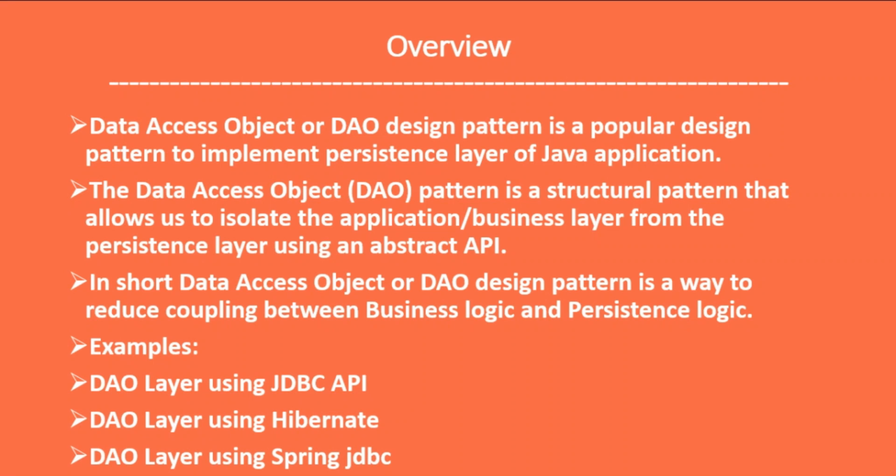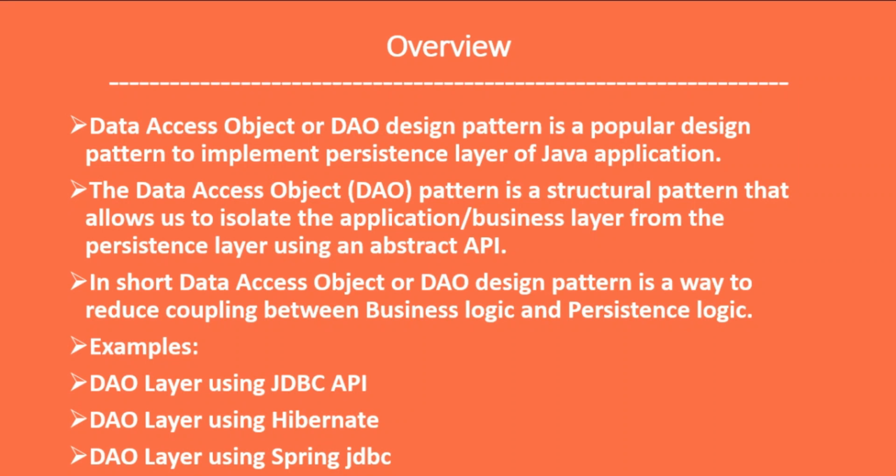In short, the data access object or DAO design pattern is a way to reduce coupling between business logic and persistent logic. We basically keep all the persistence logic in a DAO layer, and we keep all the business logic in a service layer. Whenever you want to change something related to the database, you can just go to the persistent layer and change it there.